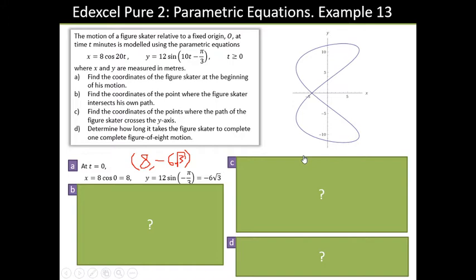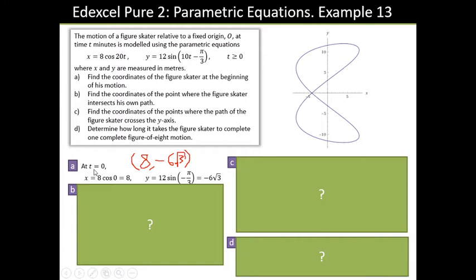So we're going to solve this by substituting 0 in as y into the y formula, so 0 is equal to 12 sin(10t minus pi over 3).